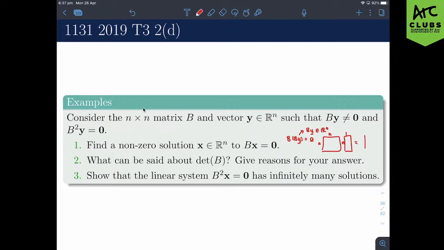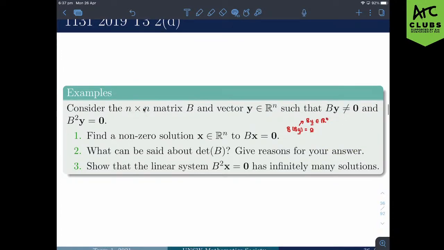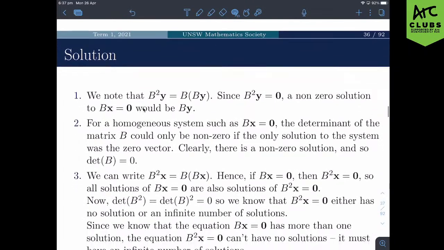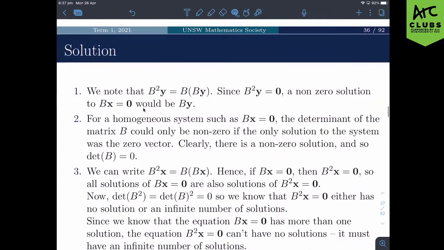So our final solution should be taking the n here and the 1 here to get our final size. Anyways, that's a little sanity check to make sure that we're not completely going off in the wrong direction. So yeah, that was a long ramble. A non-zero solution would be By.